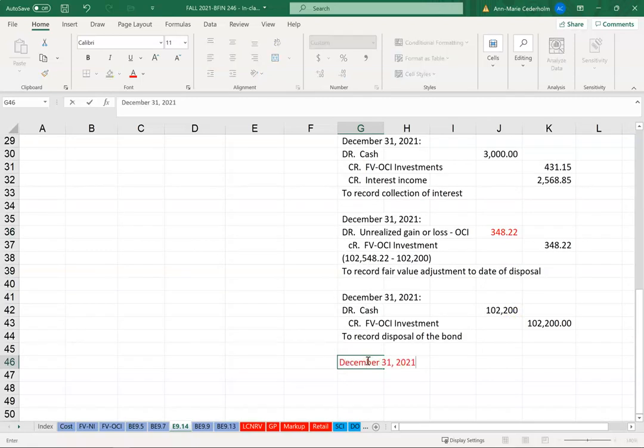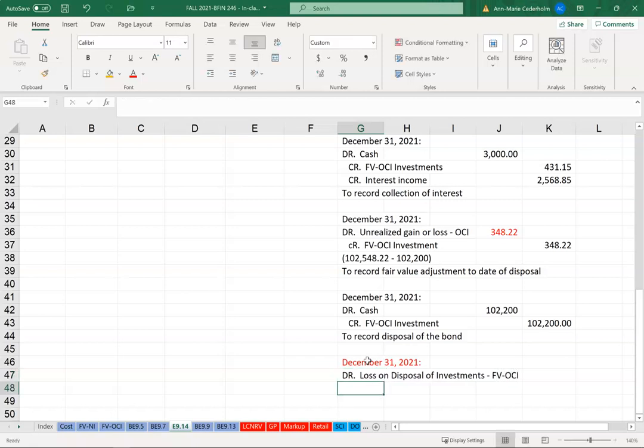So I'll just say December 31st, 2021, debit loss on disposal of investments, fair value through OCI, and then credit unrealized gain or loss OCI. So this one we're recycling through net income for the difference.